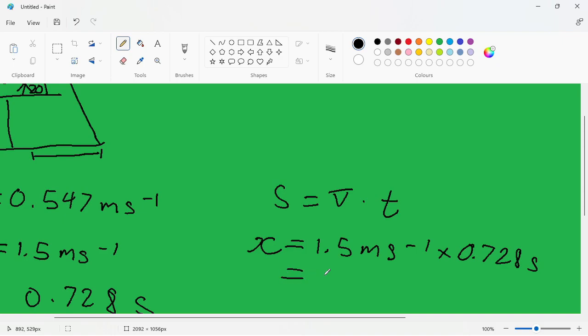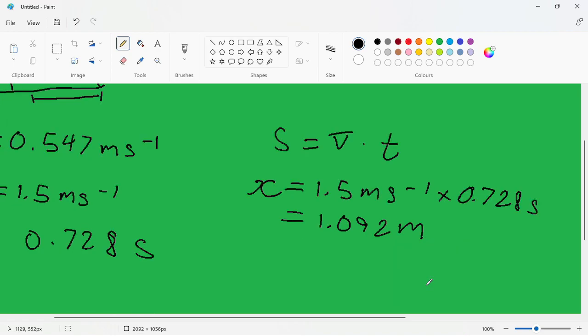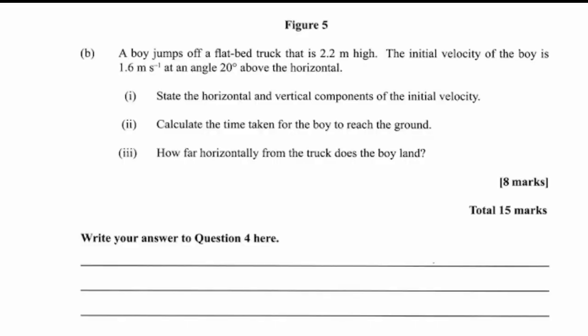And then we should end up with an answer of 1.092 meters. And that is the question completely answered from I to triple I. And that, working out all of that, would give you 8 marks on the exam. And remember to include your units, especially in the final answers.